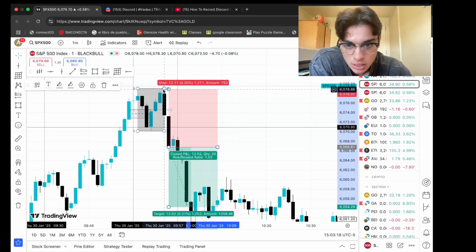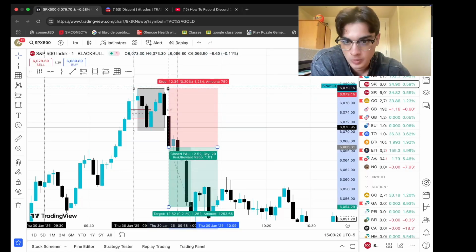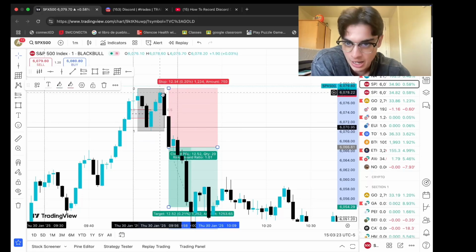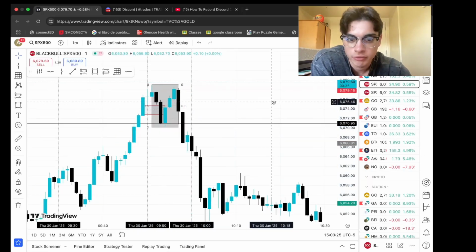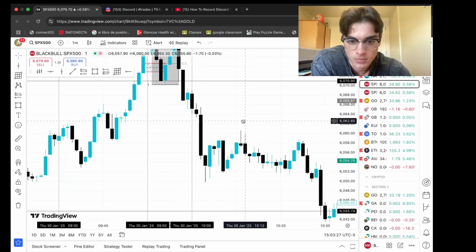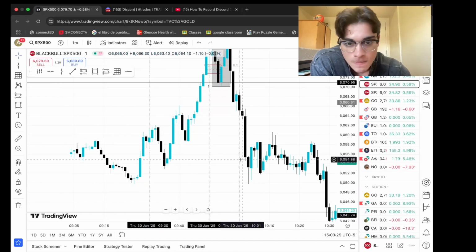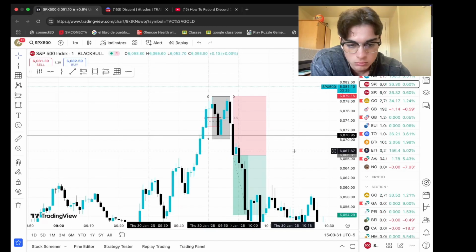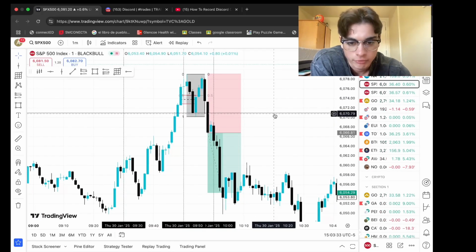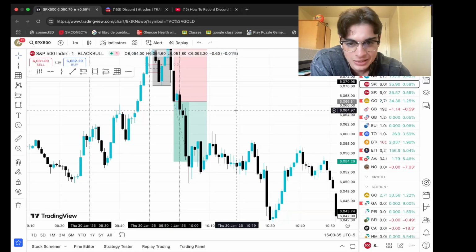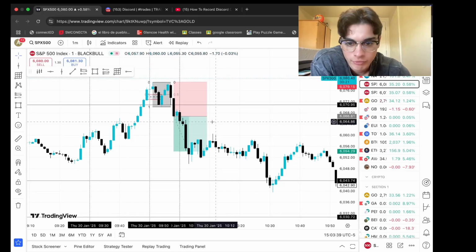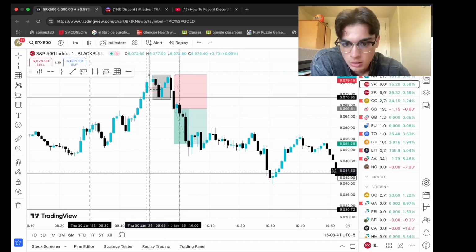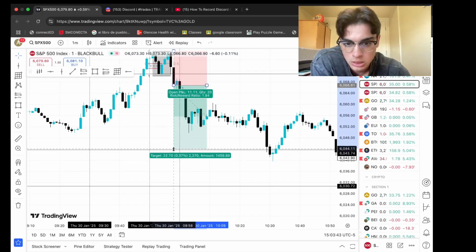A lot of people like to enter on the first continuation candle, but with equilibrium, especially going that high, I try to be safer, because I do admit trading is pretty stressful. So if I would have taken the S&P, I would have entered right over there, and my lower lows were here.